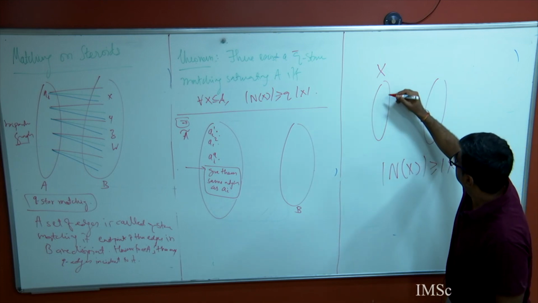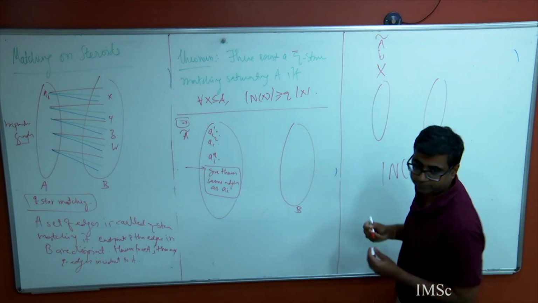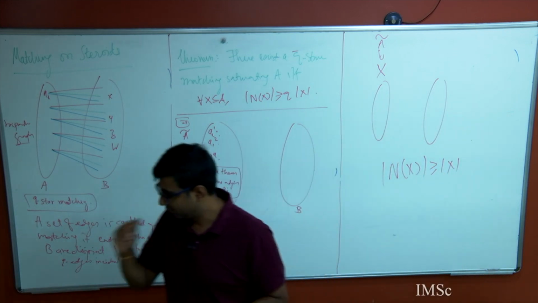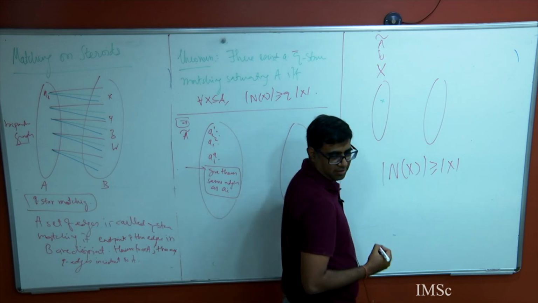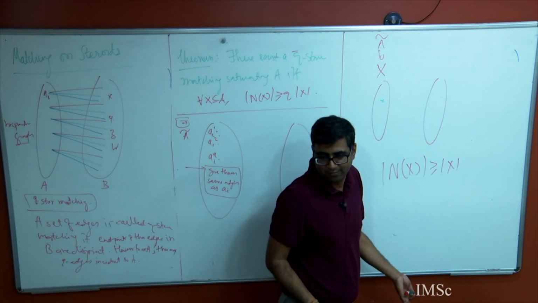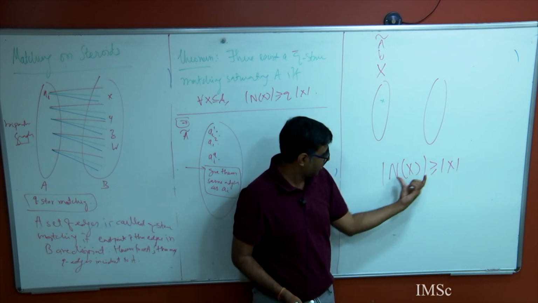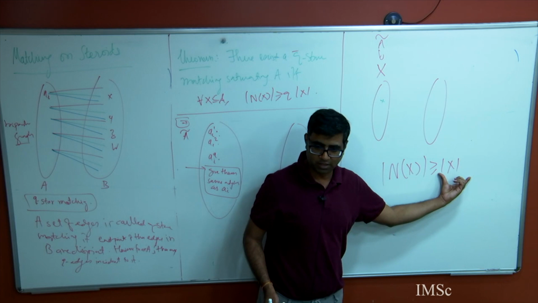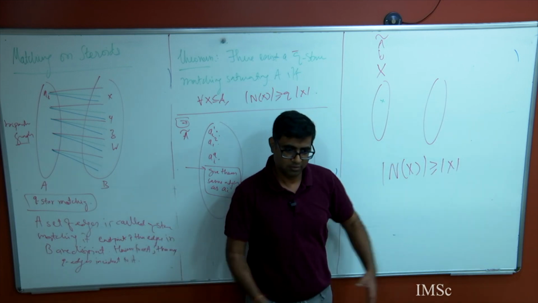So you pick up some set X in A tilde. Without loss of generality, if I have some copy here, I can keep all those copies because they have the same adjacency anyway. I have to show the neighborhood is bigger than some small number of people, and actually the neighborhood is even bigger.